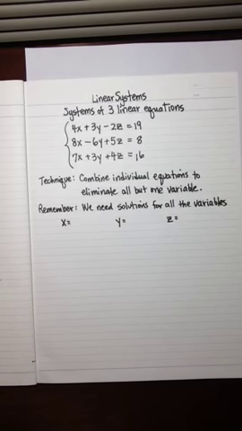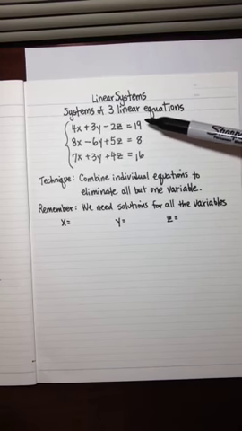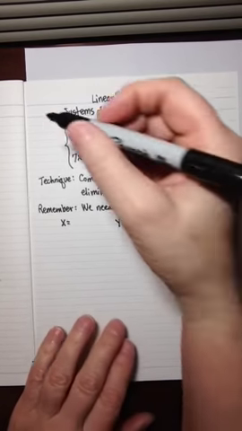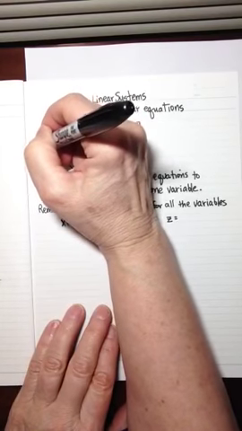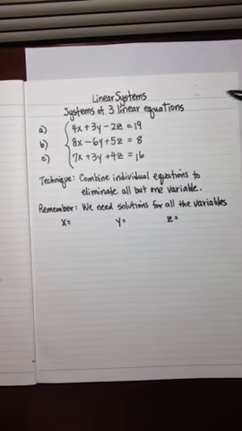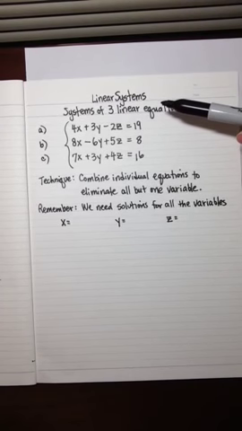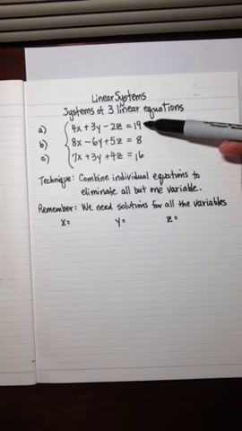So how are we going to start with these equations? Let's call them equation A, equation B, and equation C, so that we can be clear about what we're talking about. If I take equation A and multiply it by 2.